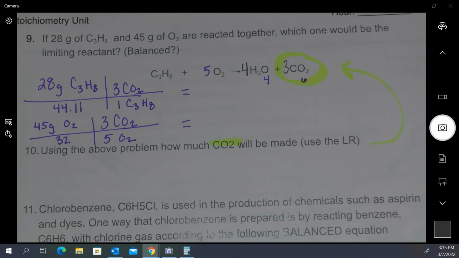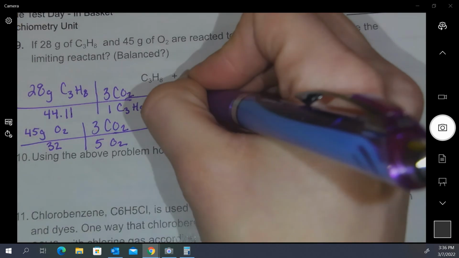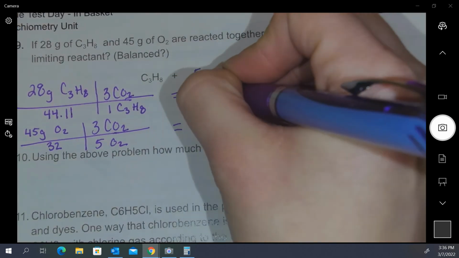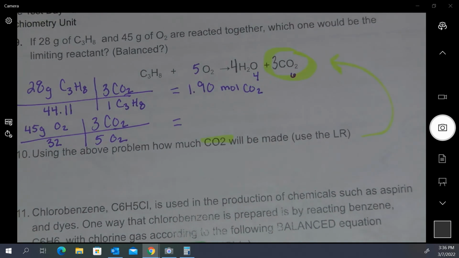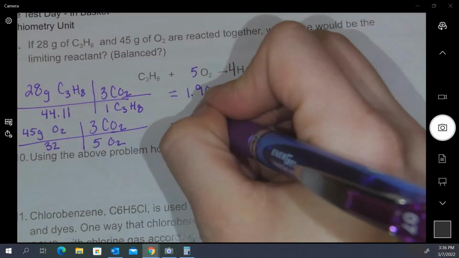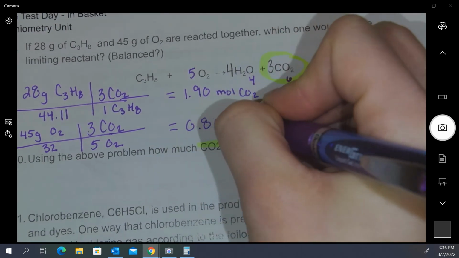So 28 times 3 divided by 44.11 gives us 1.90 moles of CO2. And 45 times 3 divided by 32 times 5 gives us 0.84 moles of CO2.